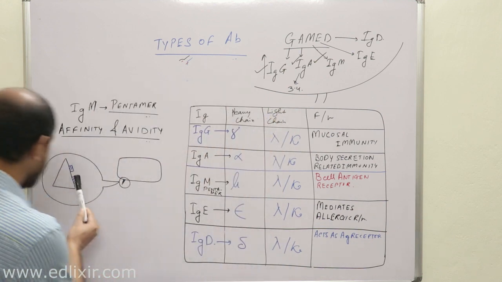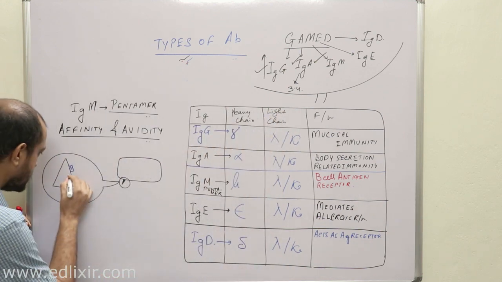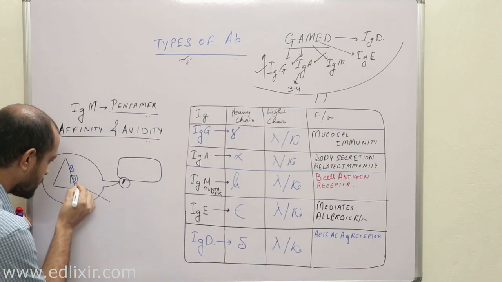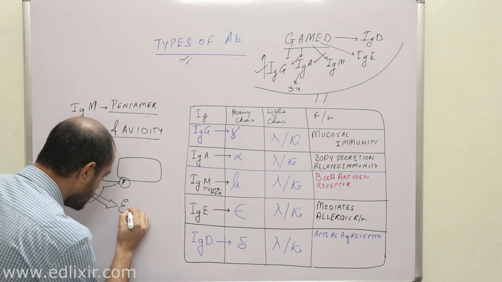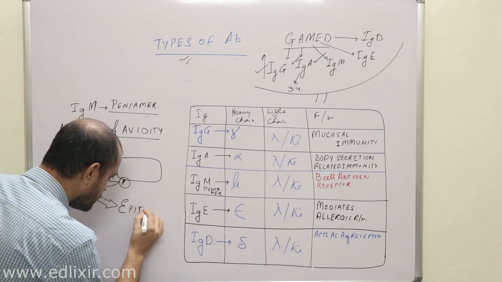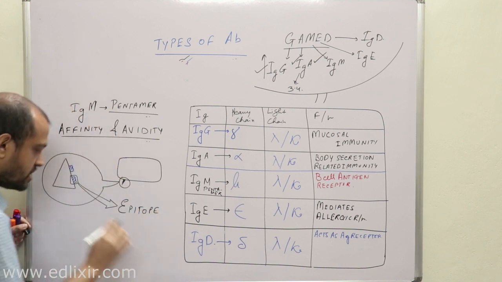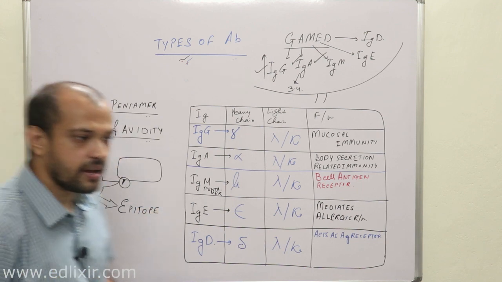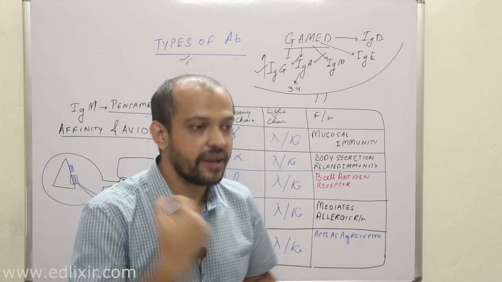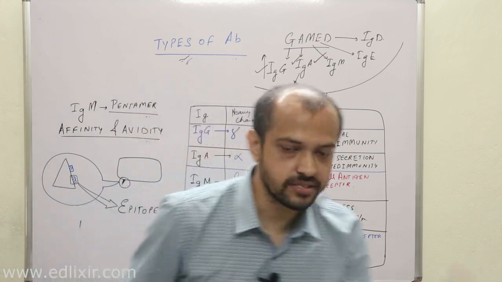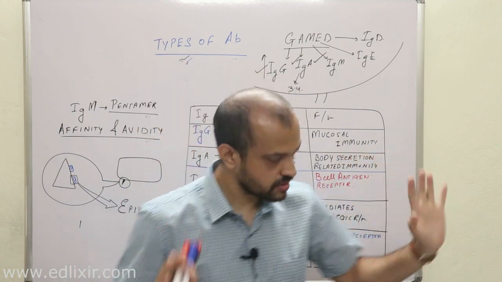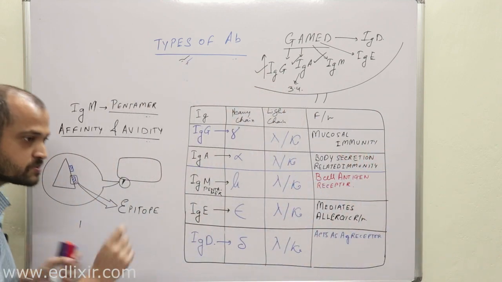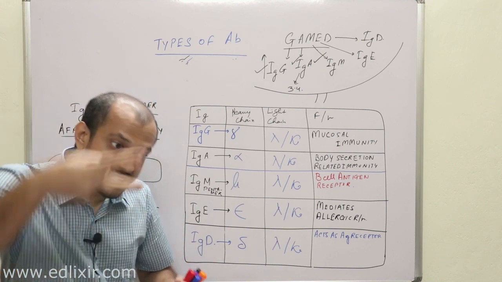These regions in an antigen are called epitopes. And what is paratope? Let me clear this concept forever. Paratope is almost equivalent to CDRs. That's it. Epitopes are specialized regions in antigen to which antibodies bind.